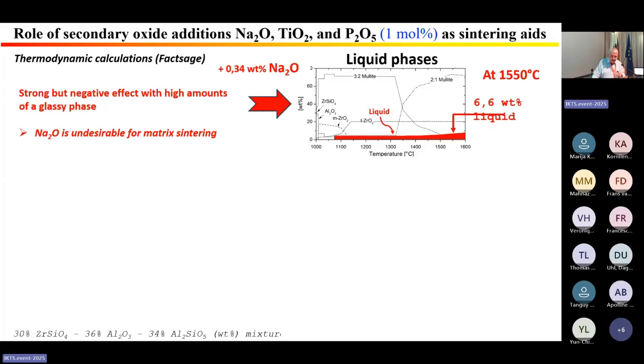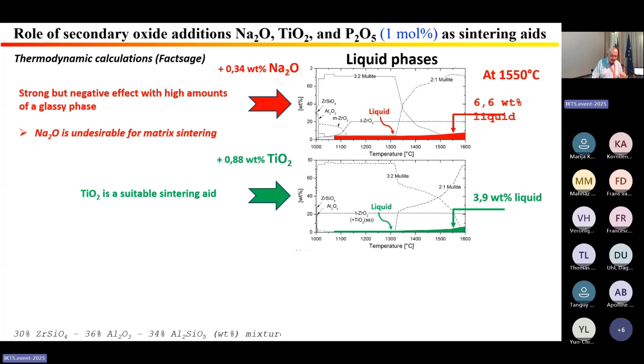To simulate, we consider 1 mole of this secondary oxide addition, and we observe on this figure the amount of phase, especially the liquid phase, versus temperature. And typically, we have a strong but negative effect with a high amount of a glassy phase for sodium oxide, which is undesirable for matrix sintering.